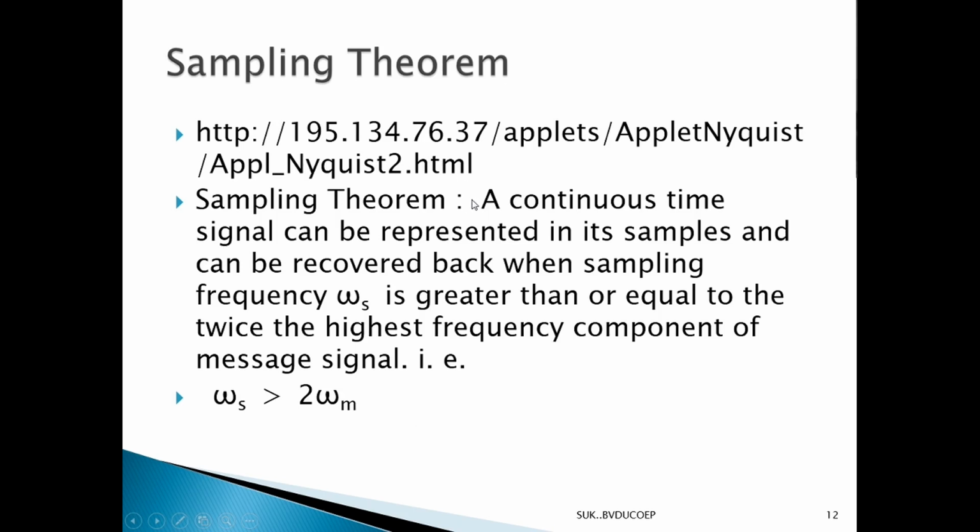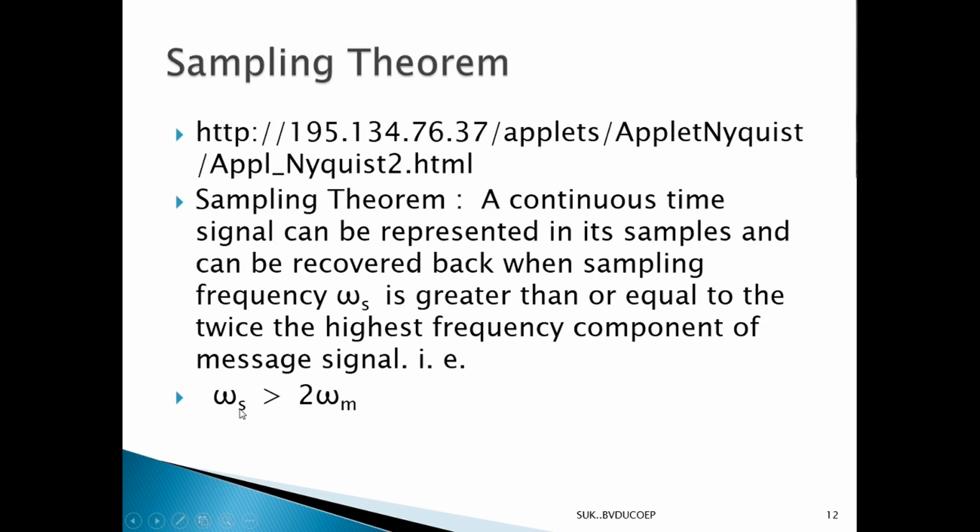Nyquist is the scientist who stated this theorem in such a way that a continuous time signal can be represented by its samples and can be recovered back when the sampling frequency omega s is greater than or equal to twice the highest frequency component of the message signal.